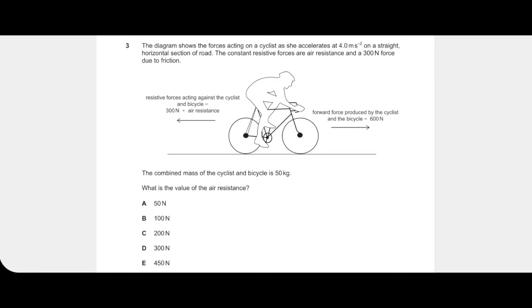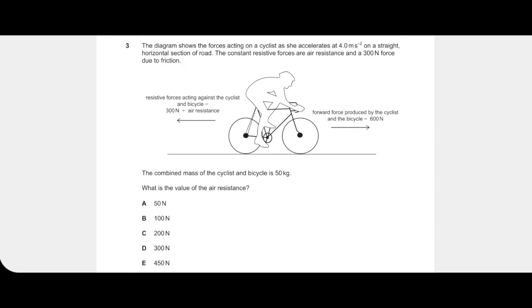So this question can be answered by simply solving the equation. The first step is to determine what equation is going to be used. You can see force is a variable they've given, acceleration is a variable they gave, and mass.